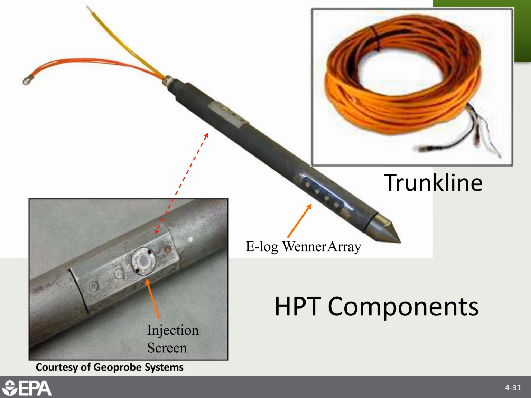So here's the example of the tool. This is the little screen zone where water is pumped into the formation, and there are some gauges that show how much water is going in and what the pressure is.